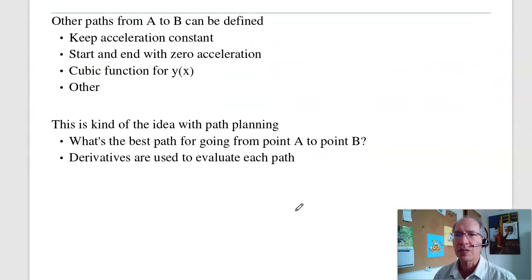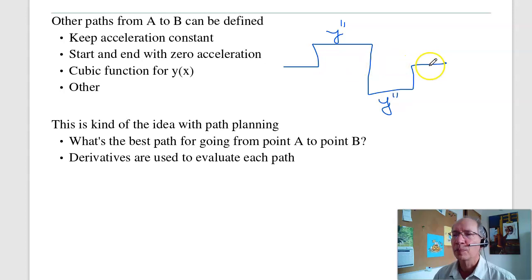There are other paths. What I could do is I could keep the acceleration constant. So if this is y double prime, that implies a different path. I could say I want to start with 0 acceleration at the beginning and end. I could say I want the acceleration to do this.